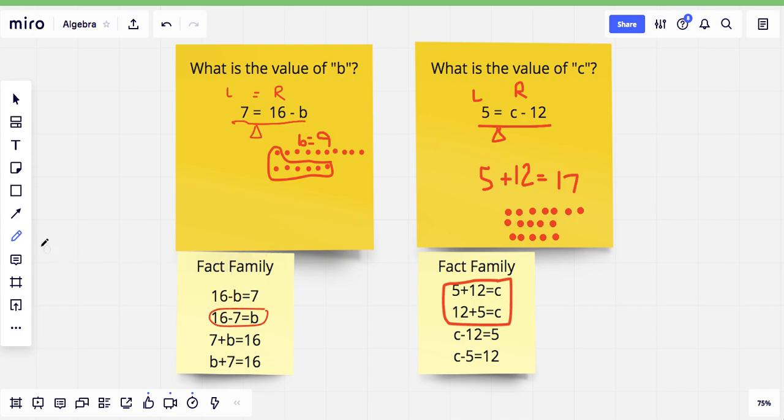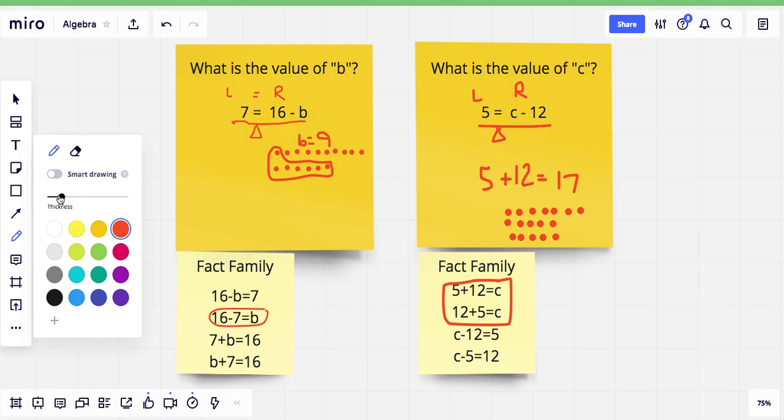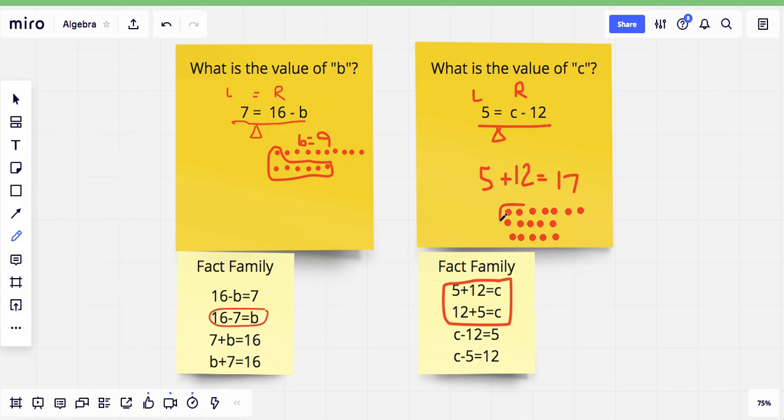I'm going to take away these 12. There's my 12 that I'm taking away. How many are left down here? 5, that's right. So C must equal 17. And if I plug 17 into each of these values for C, it would make every expression equal and balanced.